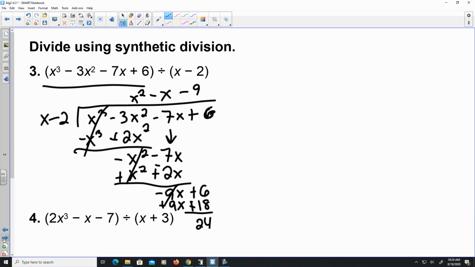So remember, remainder is 24. So I'm going to have this as plus 24 over x minus 2.